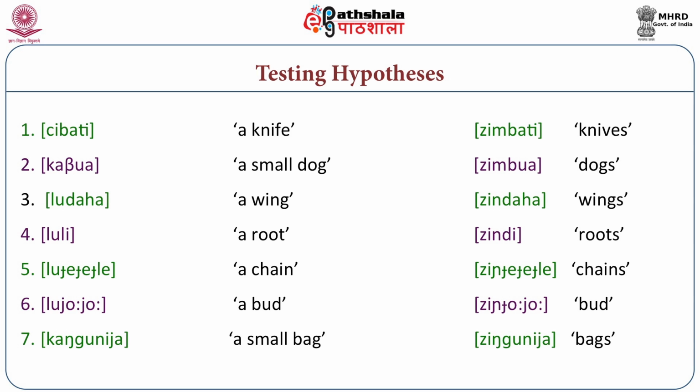2, 4 and 6. Do we consider bua to be the basic and hua to be derived by rule? Di to be basic and li to be derived by rule? Jejele to be basic and yejele to be derived by rule?